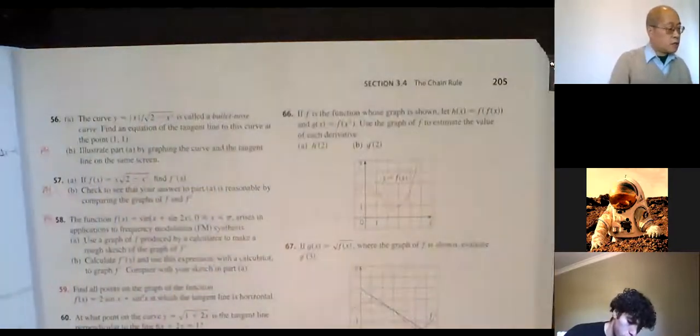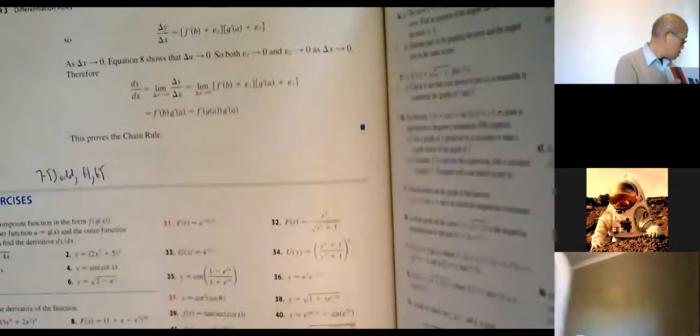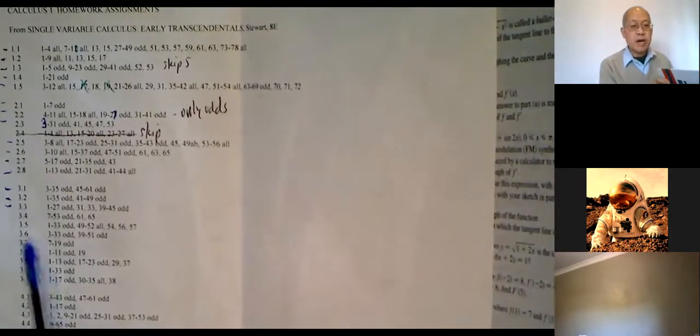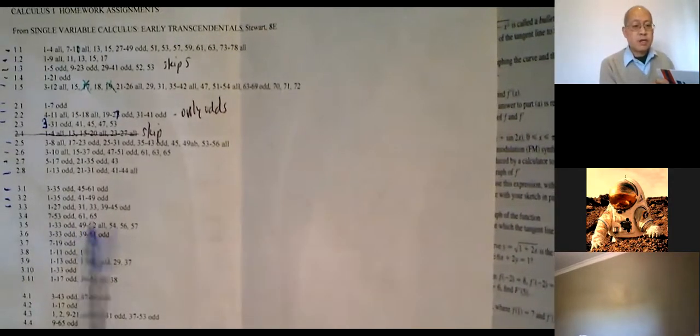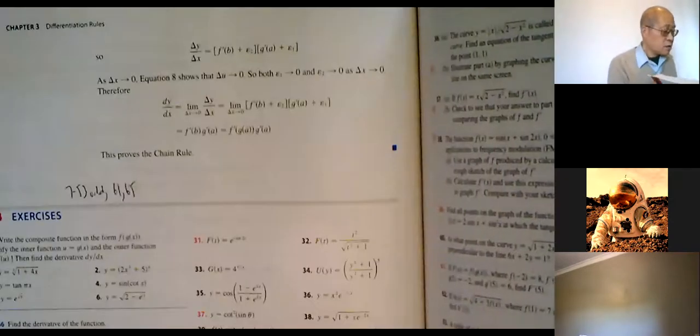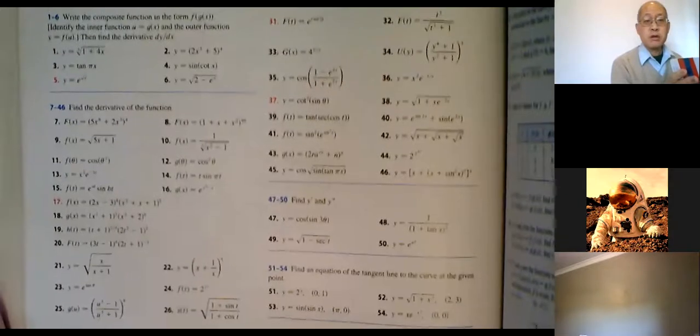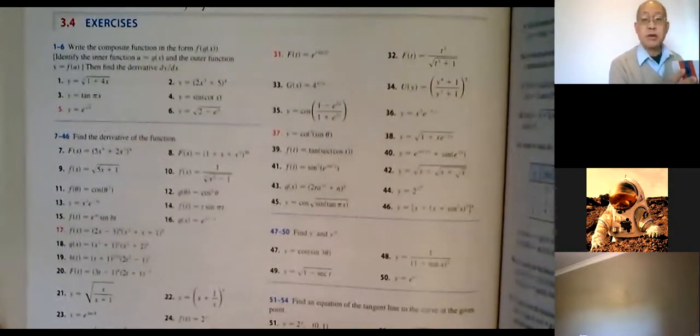All right, so we're ready to do some 3.4 exercises. Okay, so again, what are we supposed to do? 3.4, it's like 7 to 53, odd, 61, 65. Okay, so page 204. Here are some problems for those of you that aren't getting the book and you just want to piggyback off what I have.